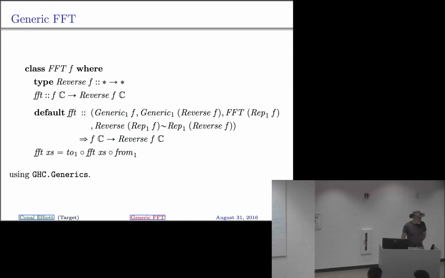Okay, so Shakov is asking about representable functors. Representable functors are functors that are isomorphic to functions. For instance, a uniform pair of A is isomorphic to functions from bool to A. This is the heart of the idea of tries, the idea of memoization. And uniform pair is really isomorphic to a function. The composition of functors that are isomorphic to a function is also isomorphic to a function.